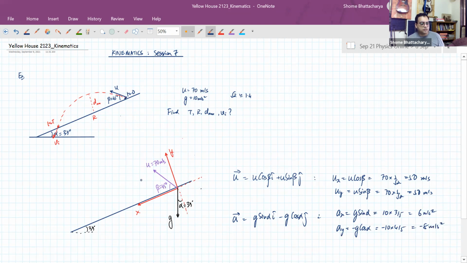So once you get these equations, now it's quite easy to show the equation of trajectory.